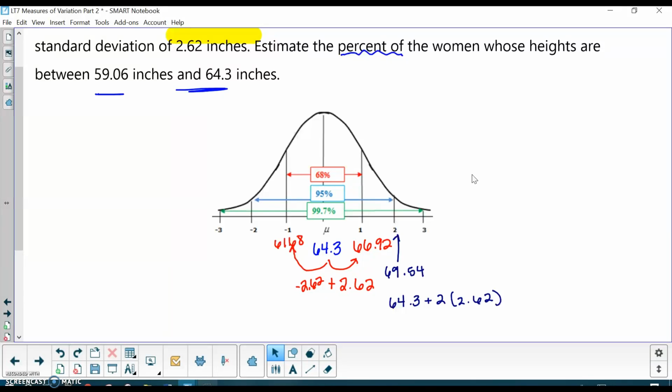We're going to do the same thing, except we're going to subtract it. So 64.3, our mean, minus 2 times 2.62. And although we know the interval that we're interested in, let's go ahead and label that last one so we get a good idea.